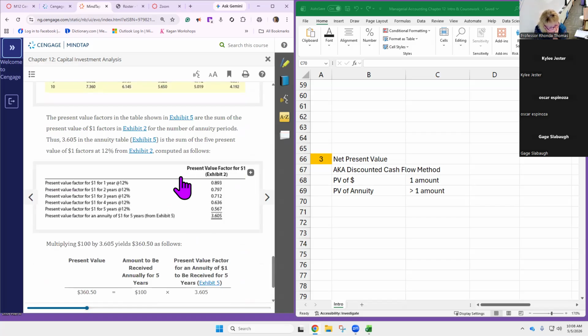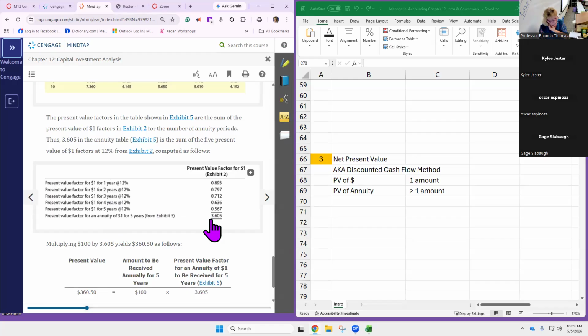So the present value factor for $1. So the present value for $1 for 1 year. And these are the factors that are coming from table 1. Turns out you could actually use table 1, but you'd have to multiply it out 5 years into the future.